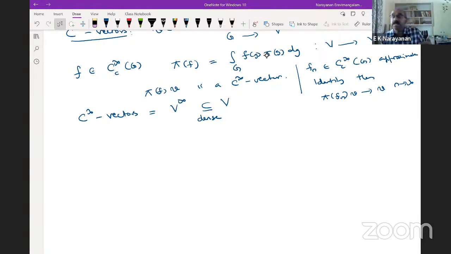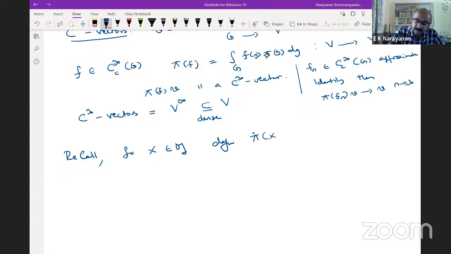Then we differentiated the representation to get a representation of the Lie algebra. Recall that for x in the Lie algebra g, which is simply trace zero matrices, we defined pi dot of x, just to distinguish between the representation of G and the representation of the Lie algebra.